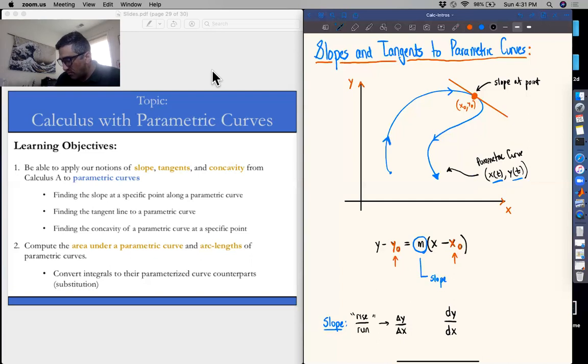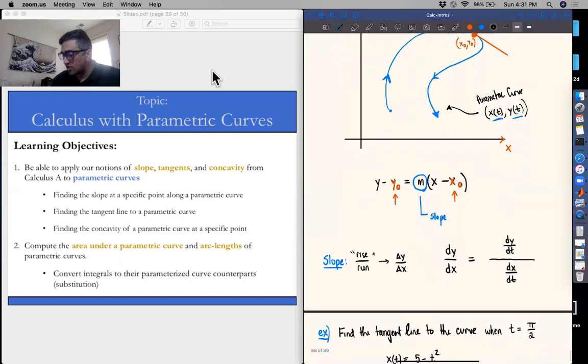And it turns out that we could do a lot of chain rule operations, but the slope formula actually boils down to something a little more intuitive. We would just take the derivative of our y coordinate function with respect to t, and divide it by the derivative of our x coordinate function with respect to t, and that'll give us a method to compute the slope of a parametric curve at a particular point.